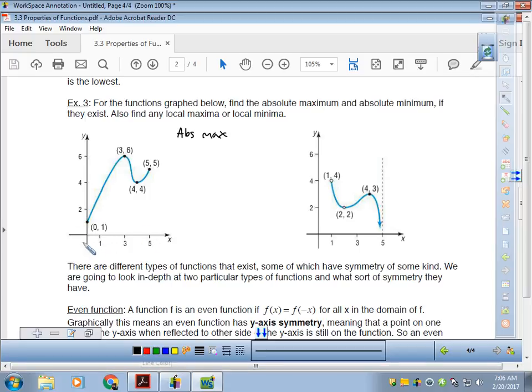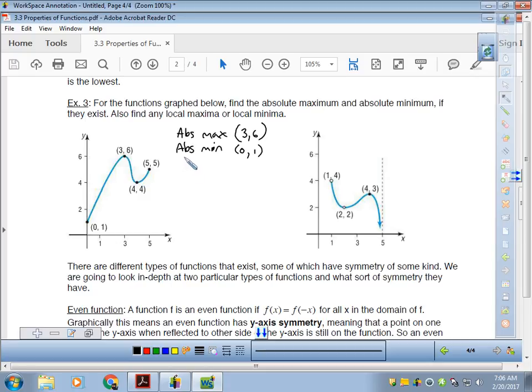What is the absolute highest point? Well, it's right here. So the absolute max is at 3, 6. Absolute minimum. Because, again, this is a closed interval, we can actually have a lowest point. What is our lowest point? Well, our lowest point is down here at 0, 1. So that's our lowest point, and that's our highest point.